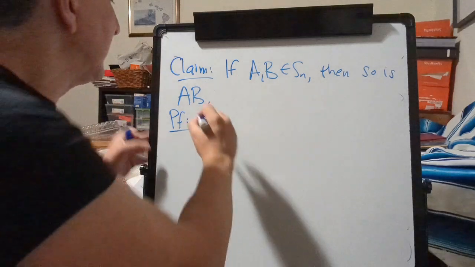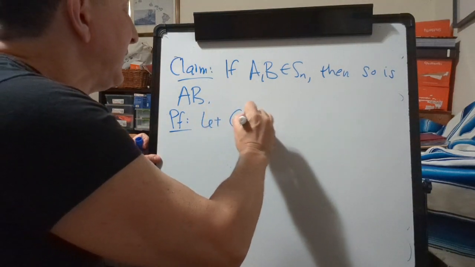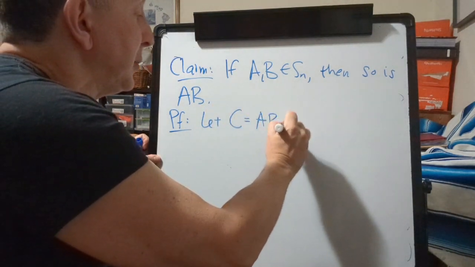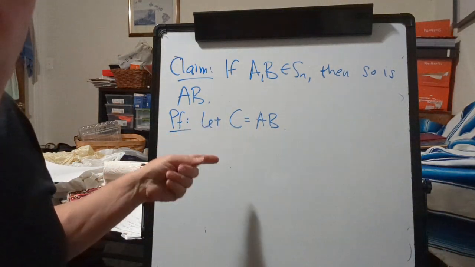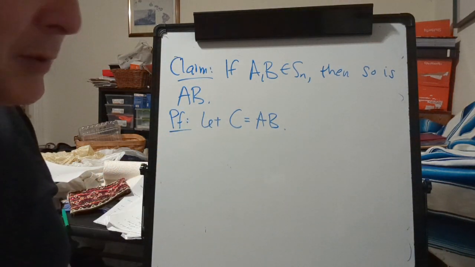So to prove this, let's let C be AB. We'll show that C has exactly one 1 per row and exactly one 1 per column.